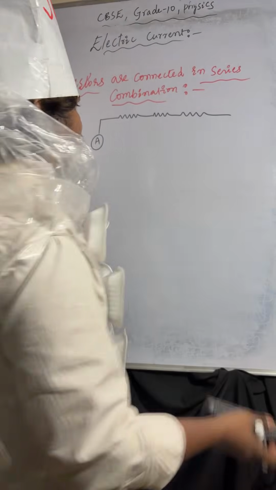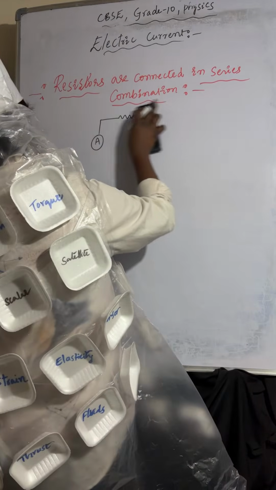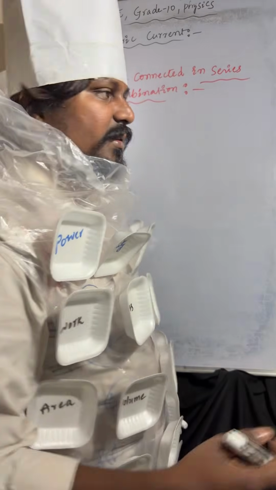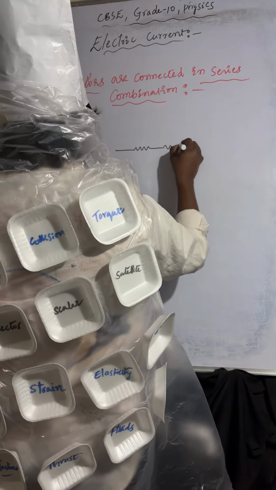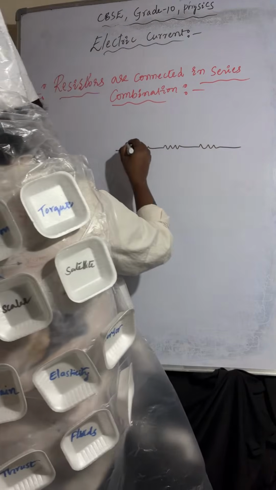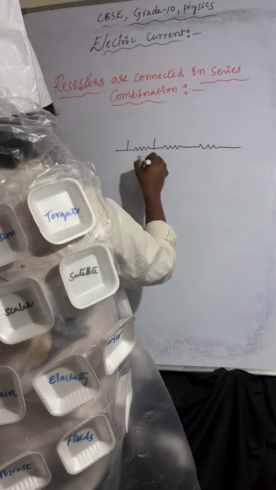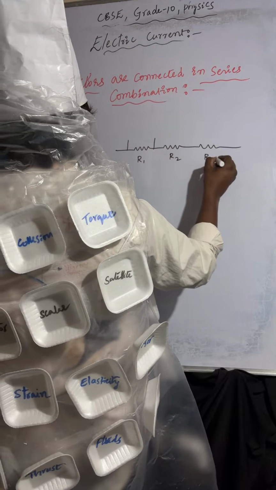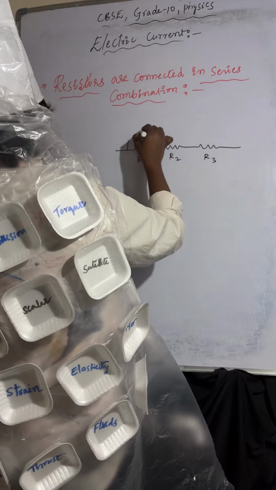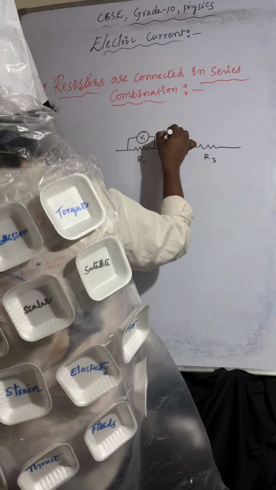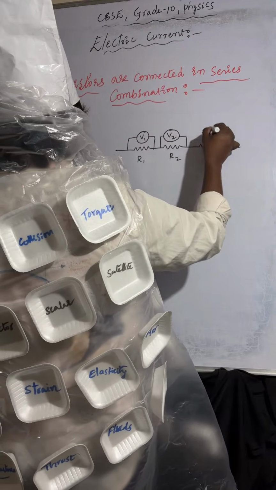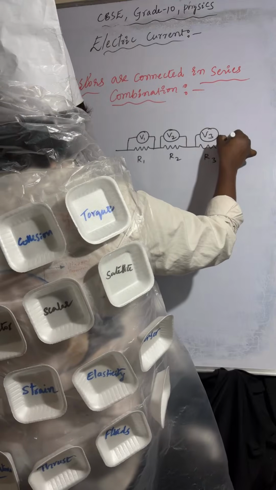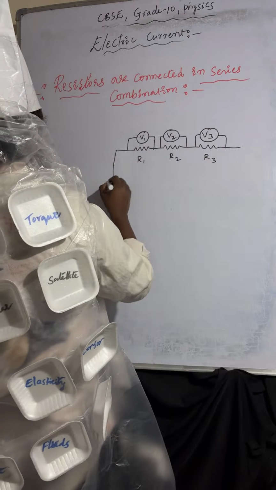We'll draw a little below because every time I draw, the same problem occurs. Across this is R1, R2, R3. Across R1 is V1, across R2 V2, across R3 V3. I'm connecting the ammeter.